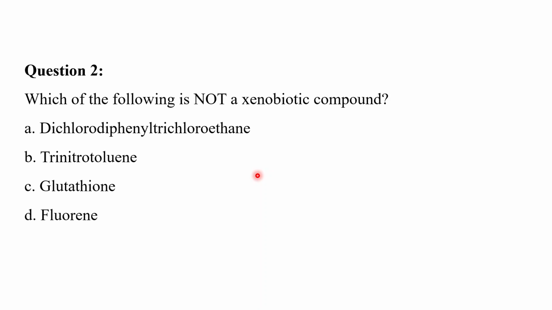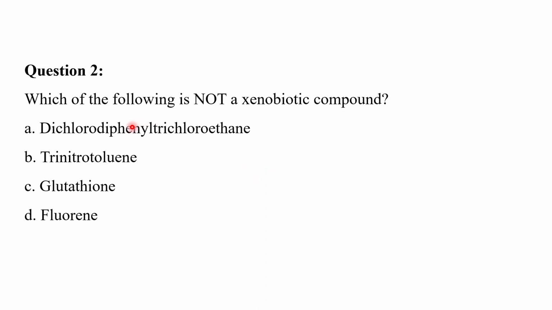Okay, so it's not any plant pigment and it's not derived from any of the natural animals or plant sources. It is actually synthesized inside the laboratories by humans and released in the environment. So those are the synthetic organic compounds. So those are called xenobiotics. Okay, so which of the following is not naturally occurring, basically we have to answer.